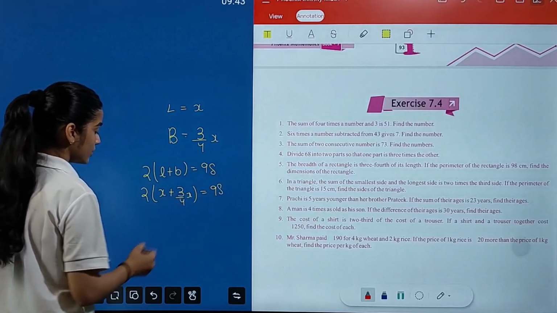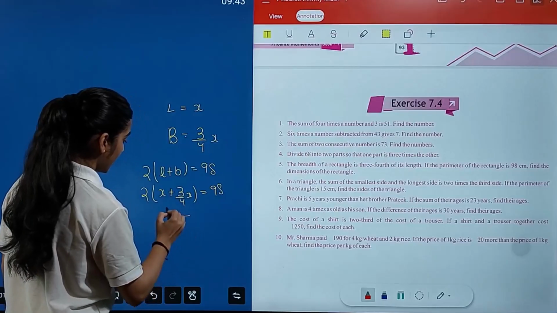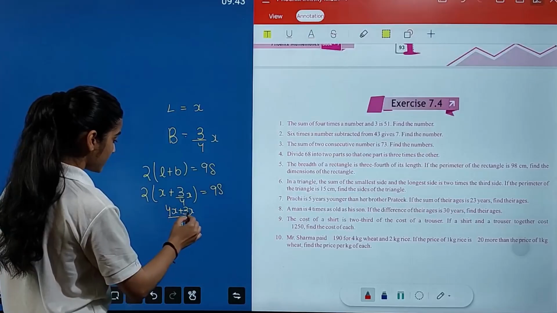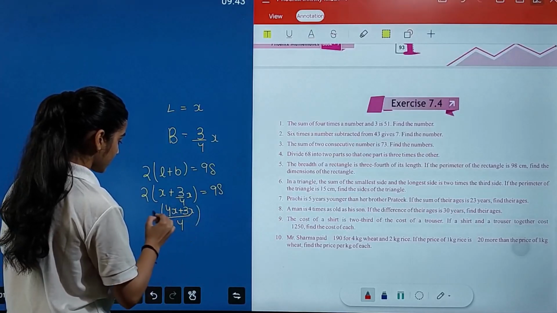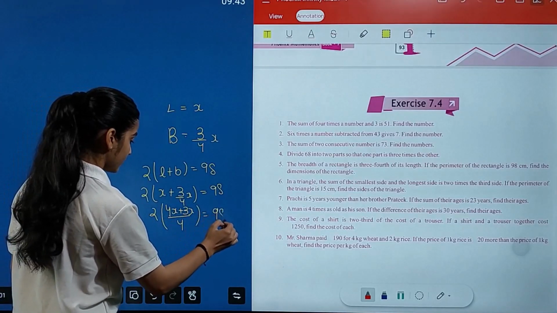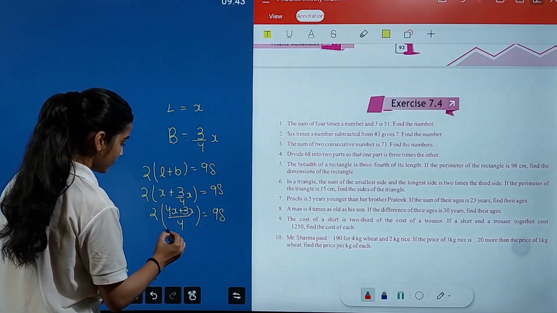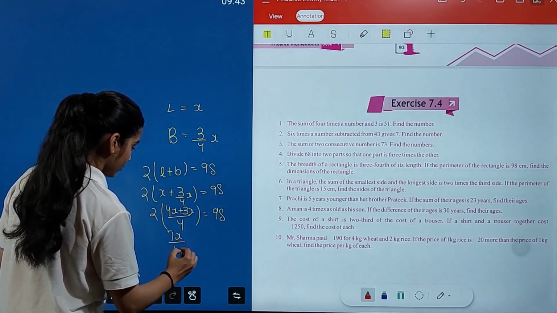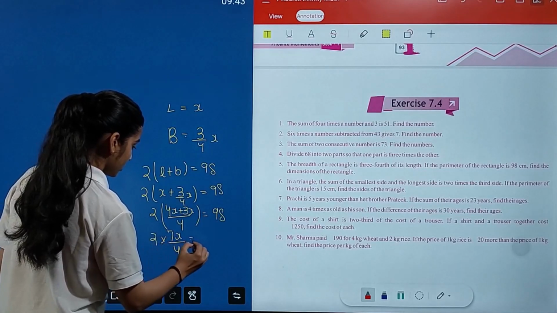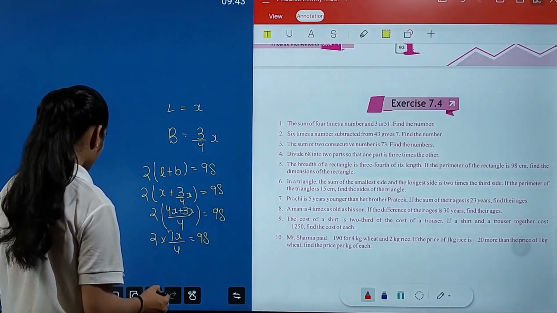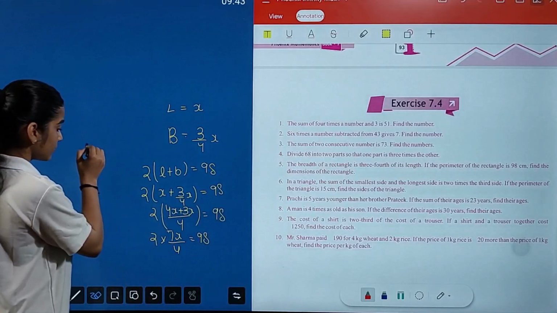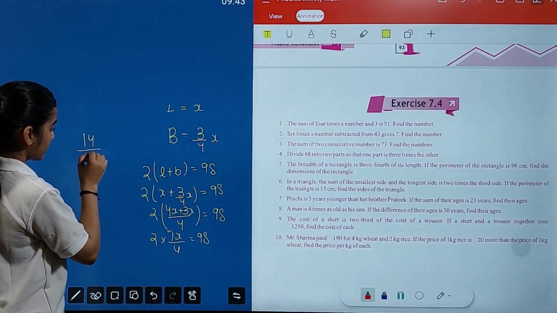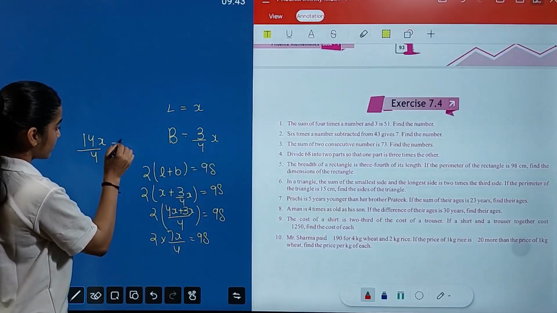So now we have to solve it. Here we have 4x plus 3x, 7x, over 4, multiplied by 2 is equal to 98. 14x by 4 is equal to 98.